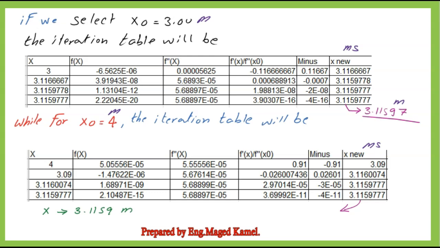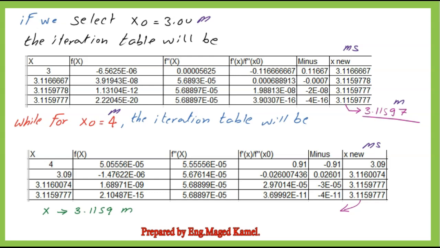It will become a positive value. We add it to 3.09. We have 3.1160074. We use it as a new value, etc. We continue, and we will find that the final value is 3.1159, which is very close.